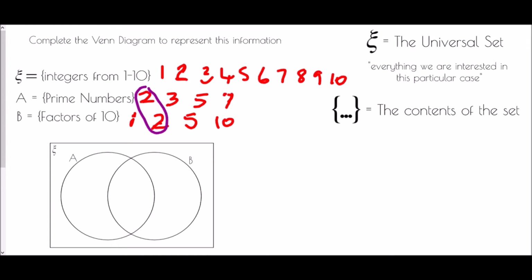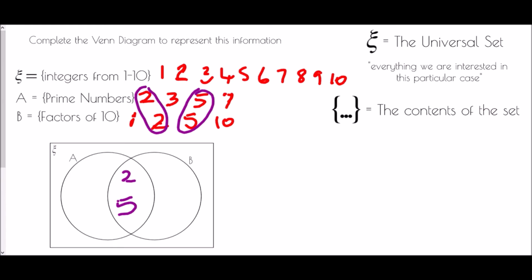Because 2 is in both lists, we'll place the number 2 in the overlap. We can also see that the number 5 is in both lists, and so that will also be in the overlap.